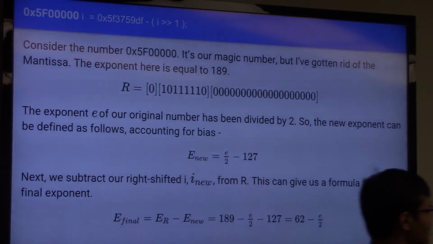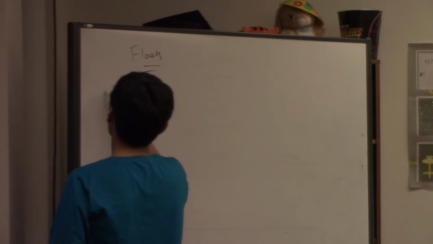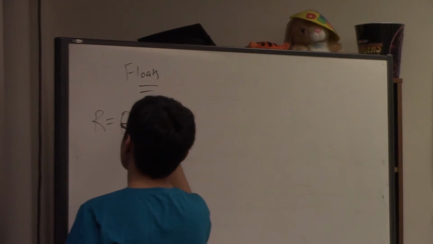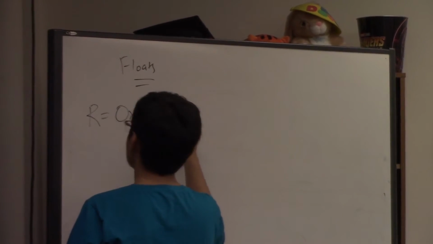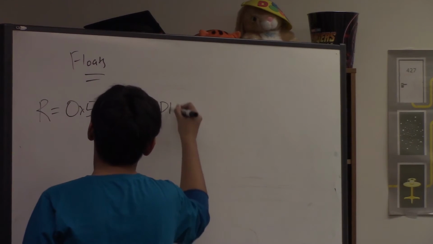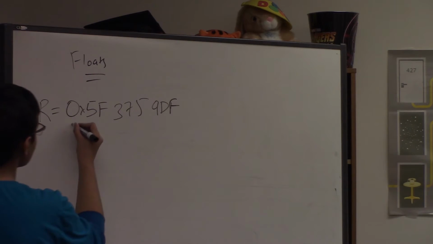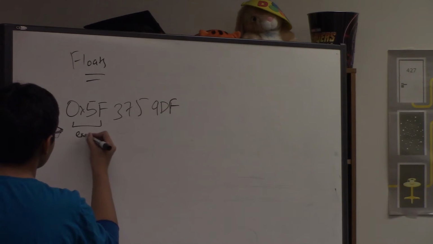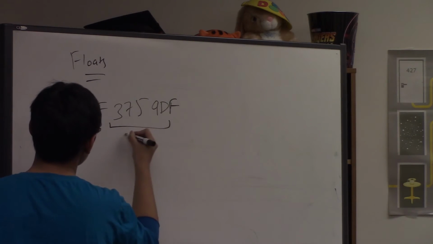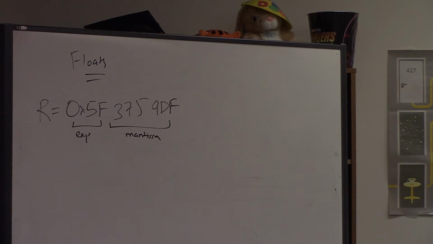So let's come back to what we were talking about. We were talking about a magic number, right? Our magic number r is equal to 0x5f3759df. That's our magic number. This part in our magic number is the exponent. This part right here is the mantissa. I'm going to make a claim and say that the mantissa doesn't really matter as much.